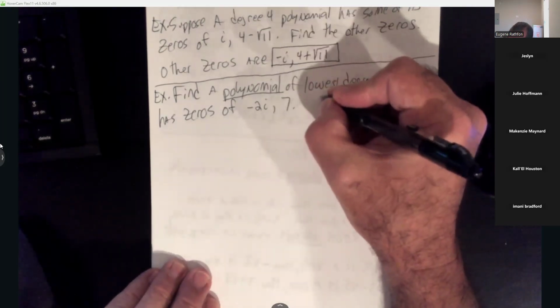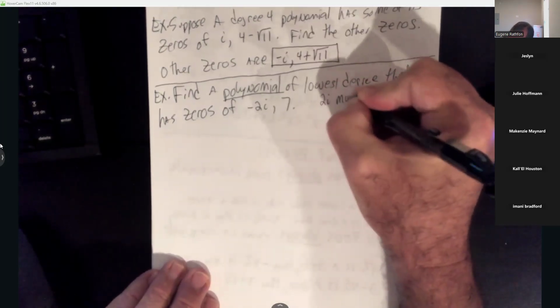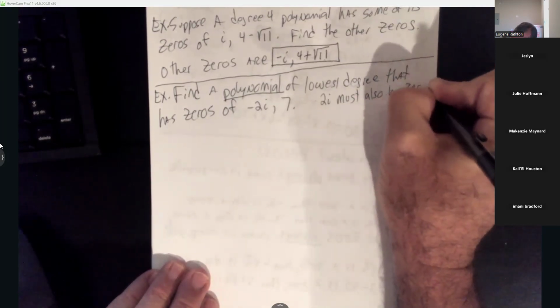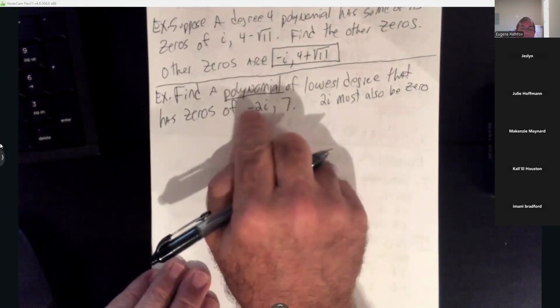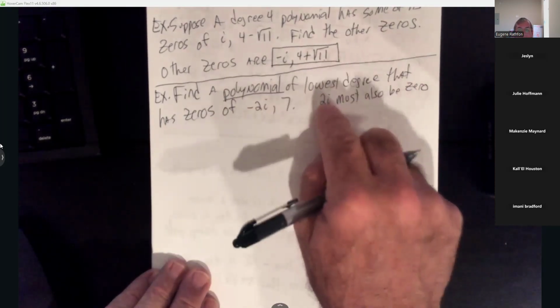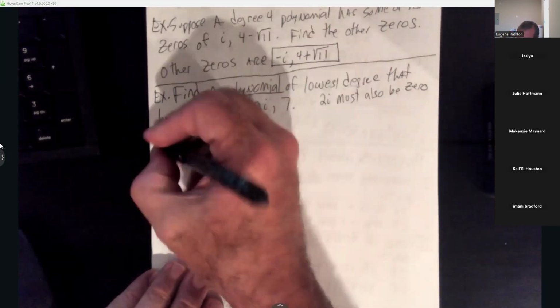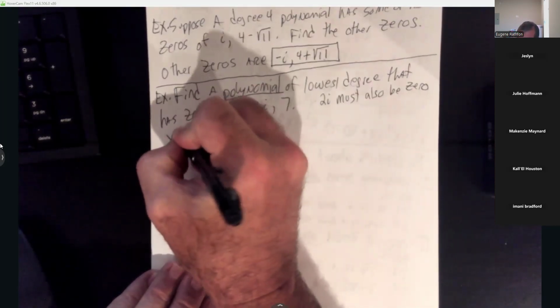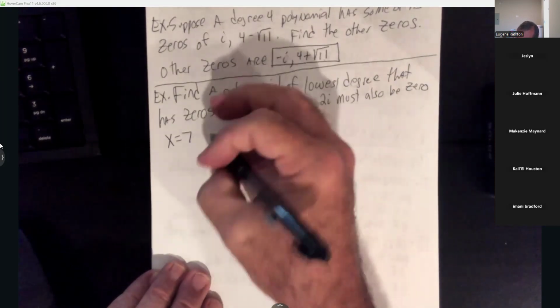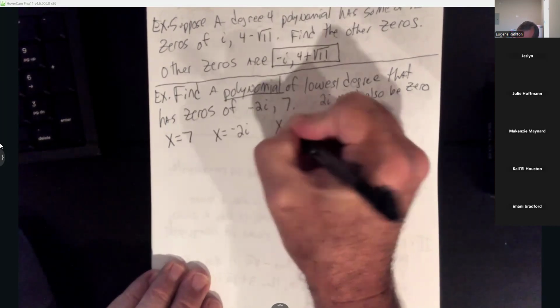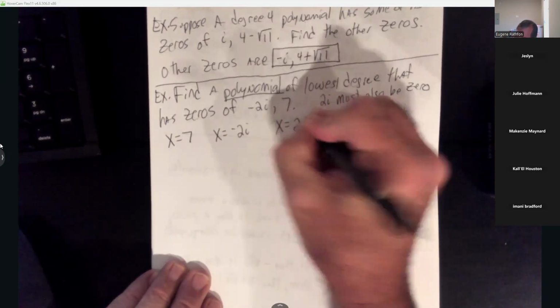So that means 2i must also be a zero, because if they give you one imaginary, you automatically get the other one. So since we're finding a polynomial, I'm going to do x equals 7, and then x equals negative 2i, and x equals positive 2i.